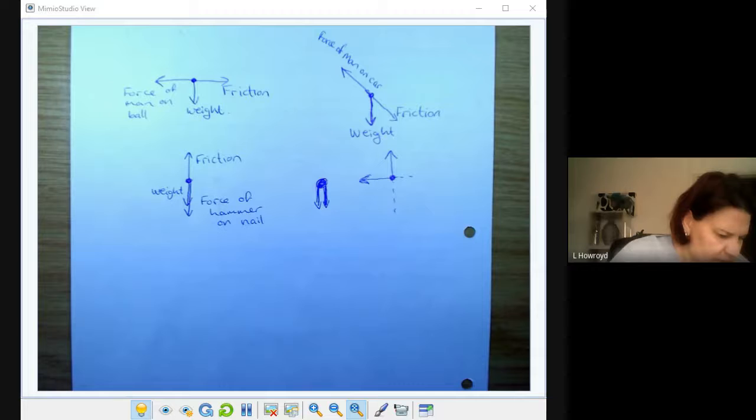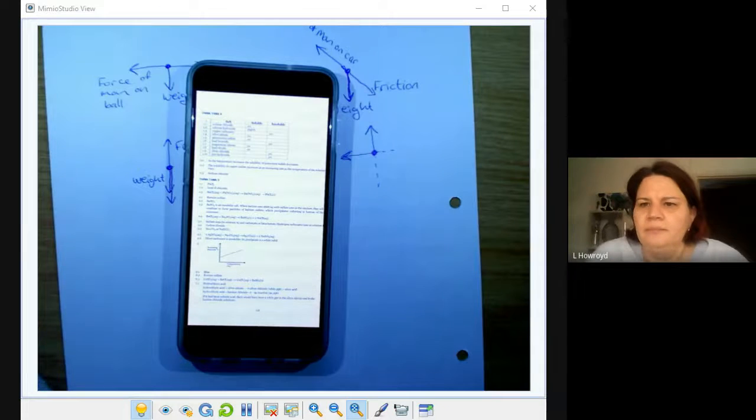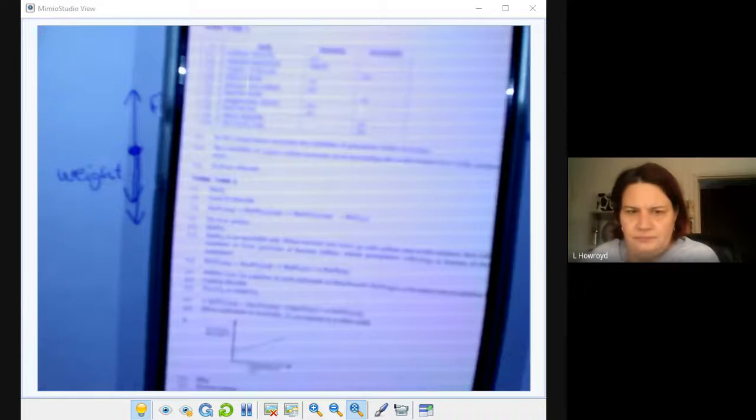Okay, so not that one. Okay, I'm going to put it under here now so you guys can mark. We'll take a look now as well. I'm just putting it back there. Is it working? No, it's not.